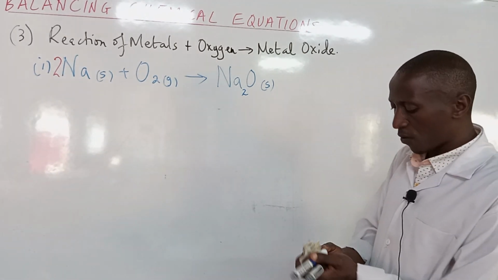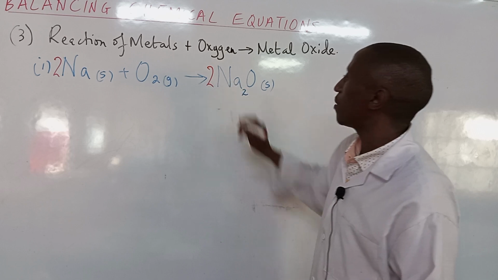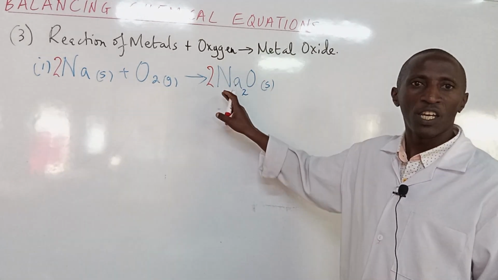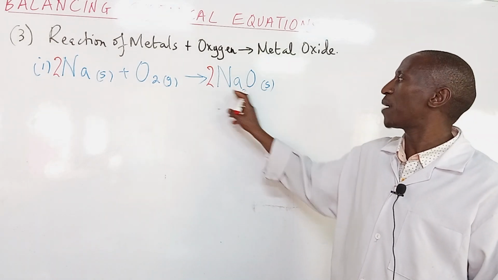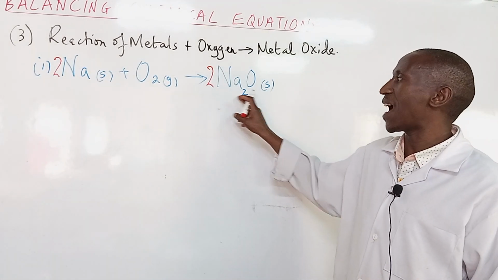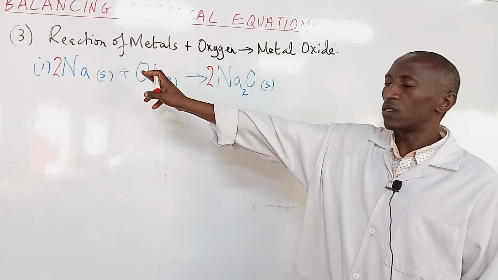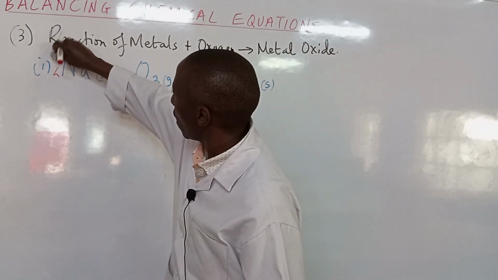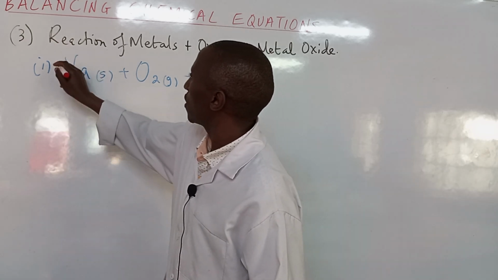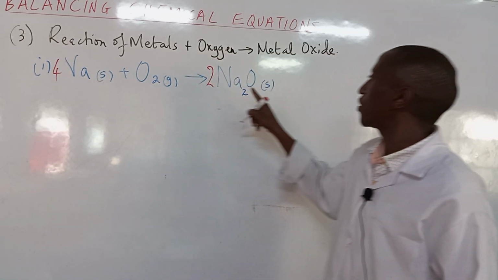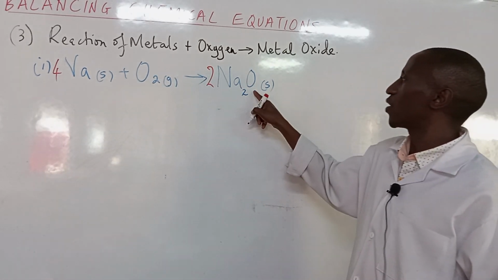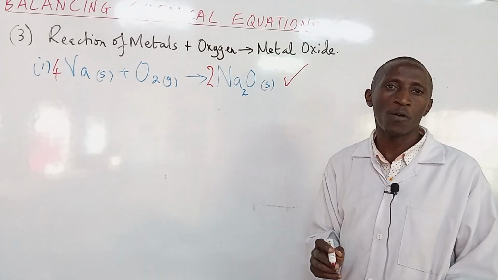So we move on and balance the oxygen by putting a 2. Now we have 2 oxygens, but we have changed the number of sodium atoms. They are now 4. So it is good we change the reactant side, and here we make it 4. So 4 sodium atoms and 4 sodium atoms balance 2 oxygens, and the equation is therefore balanced.